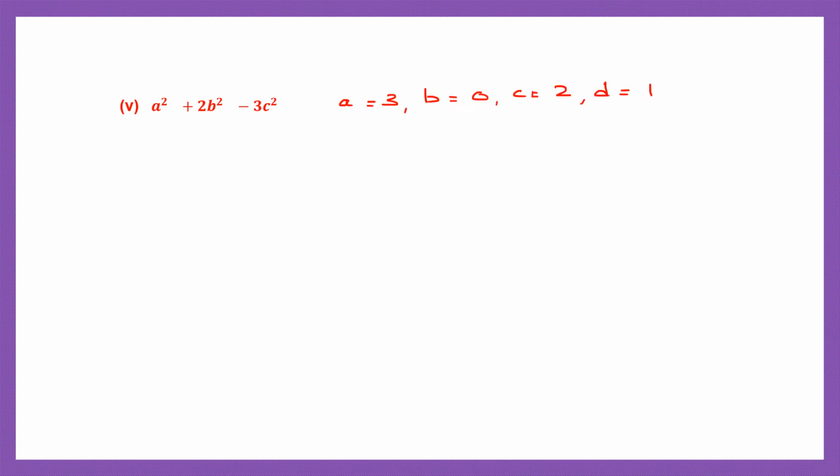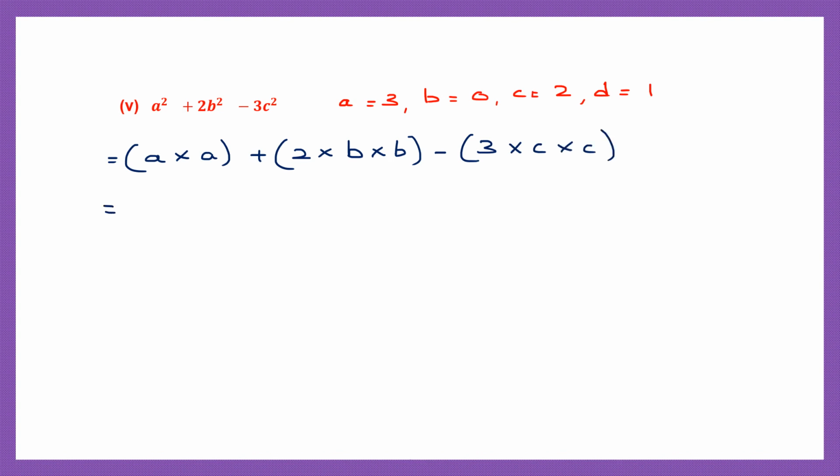Question 5. A square, that means A into A, plus 2B square means 2 into B into B, minus 3C square is 3 into C into C. Now let's substitute the values.